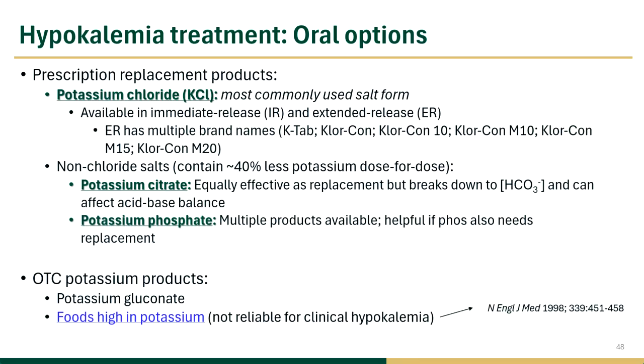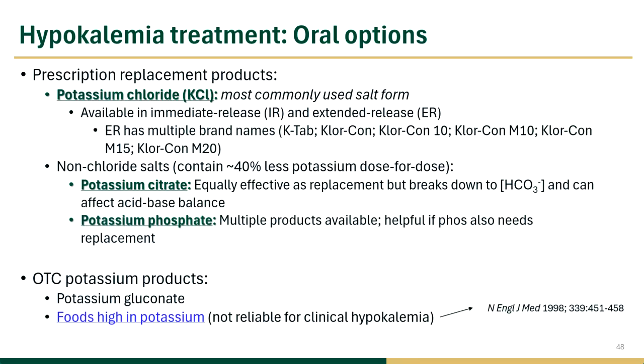Citrate is a base, so it breaks down into bicarb and can affect acid-base balance. That might not always be a bad thing, because if they were acidotic, then you might want to administer bicarb. Potassium phosphate, as I noted before, also co-administers phosphate, so it's helpful if the phosphorus also needs replacing.